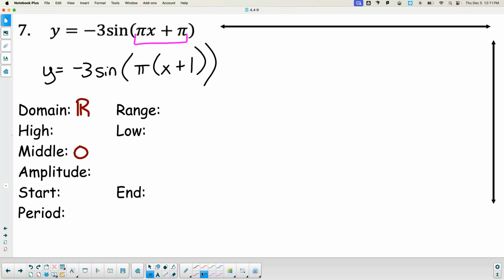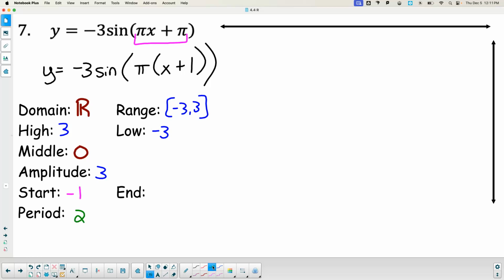Amplitude. 3. Means I go up to 3, down to -3. It's nice when the middle is at 0. Start value. -1. Period. 2.